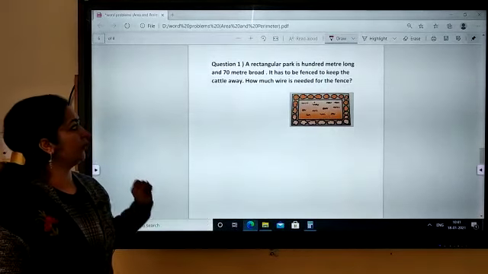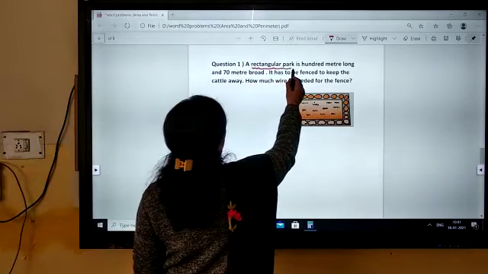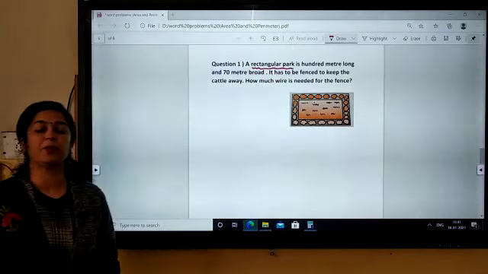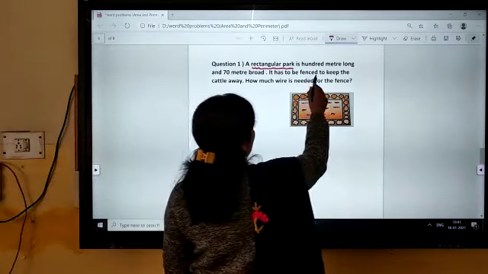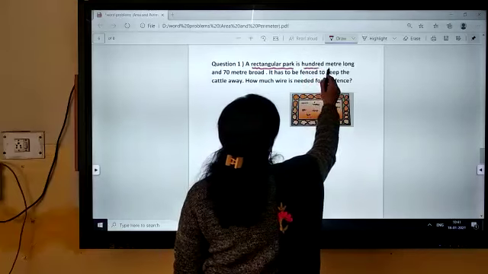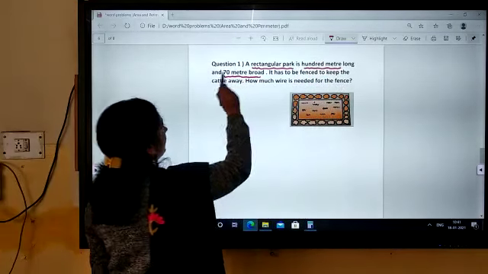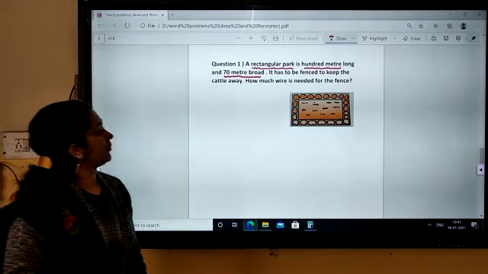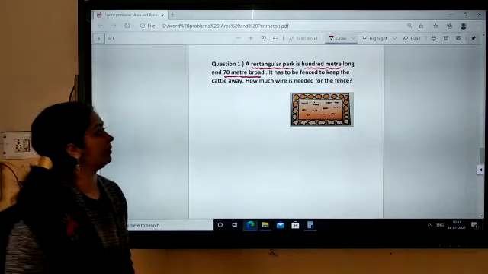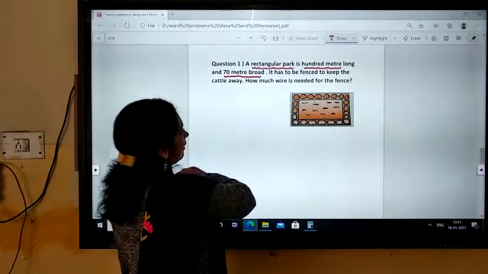First of all, you will see that a rectangular park means the shape of the park is rectangle and its length is 100 meters and its breadth is 70 meters. Then you will try to find out the hints. Means it has to be fenced to keep the cattle away.